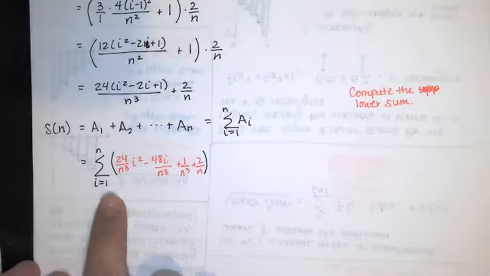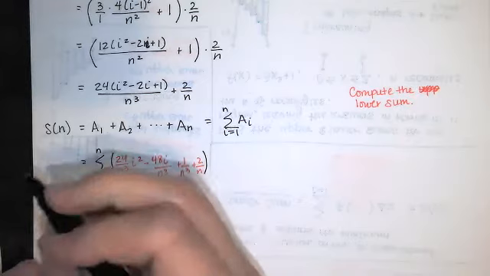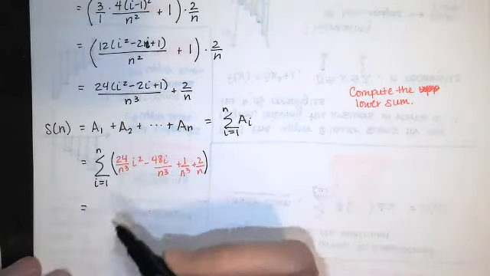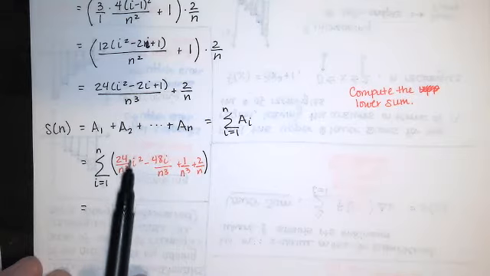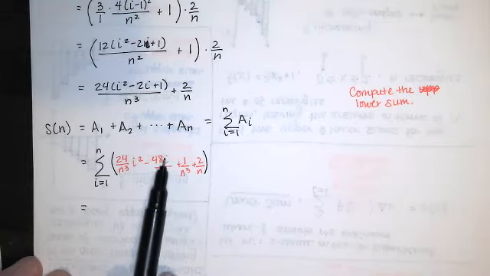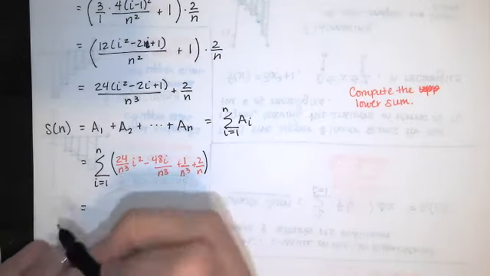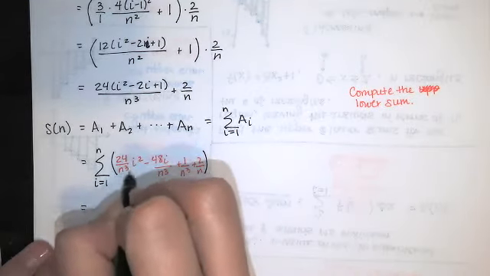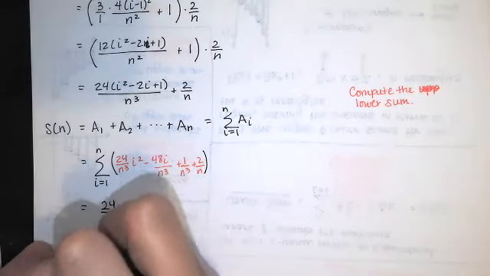If I want to write this without sigma notation, I can, using the formulas that we talked about in the last video. So this is actually the sum of 3 terms. This one has an i squared in it, and that one has an i in it, and these don't have any i's, so I'm going to split this into 3 summations. That 24 over n cubed is constant with respect to i, so I can factor it out.